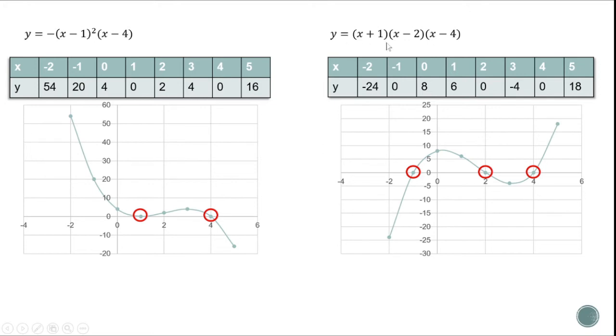In the same way, you can compare it with the first equation that we had written, x plus 1, x minus 2, x minus 4, where the graph was changing its orientation at every point where it reached a zero. Say it was in the third quadrant here, and after reaching the point x equal to -1, it changed its way and came into the second quadrant.